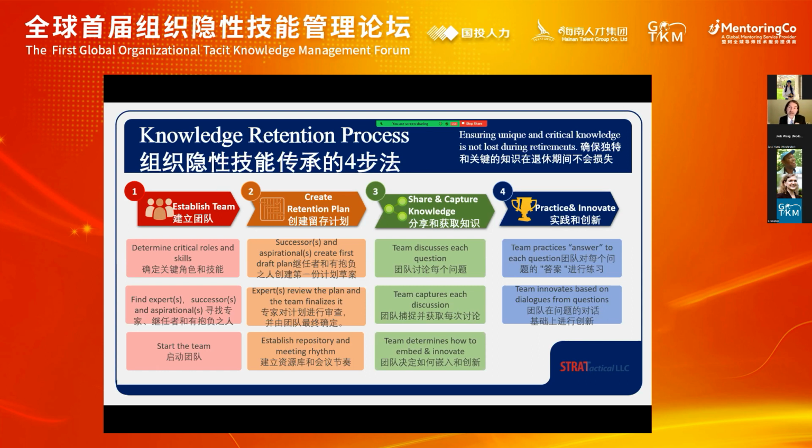In the upper right-hand corner of this graphic, you'll notice it says, ensuring unique and critical knowledge is not lost during retirements. Now, that's mostly true, the retirement part. This process works very well for any time that tacit knowledge is moving.